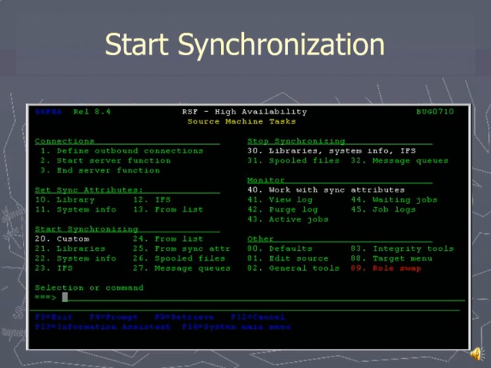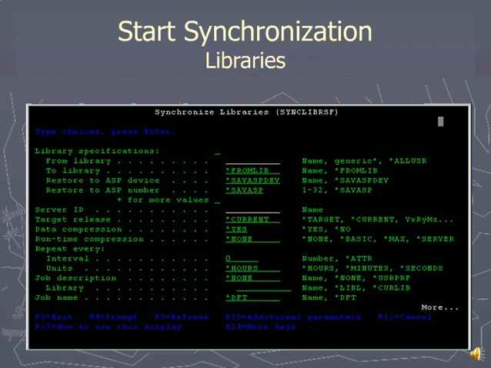Okay, let's take a quick look at the command prompts for a few of the synchronization start commands. Select option 21 from the HA menu to start synchronization for one or more libraries. The command prompt looks like this. You specify the from and to library names, the server ID for the target system, target operating system release level, repeat interval, job description, and so on.